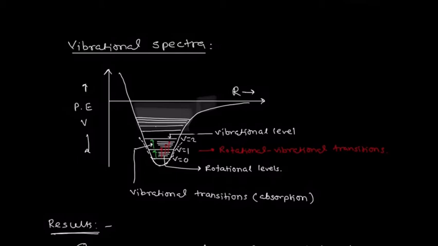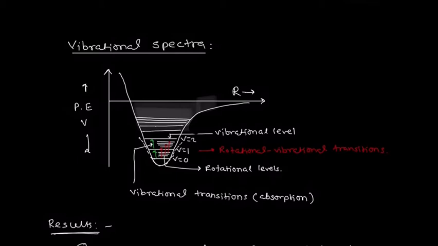It shows a parabolic variation. The energy reaches a minimum at a particular equilibrium separation, and near that point the energy varies directly proportional to v plus half. It means all levels are equispaced near the equilibrium position or the minimum energy region.